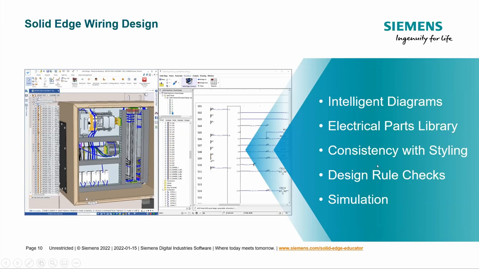The titles automatically count the sheets. They use the proper fonts when they label wires, and the naming convention. There are so many things. And remember, this software is used for automobiles and airplanes where there are miles and miles of wire. So this is very powerful software, but we can bring it to Solid Edge for smaller and medium-sized businesses and be very effective.